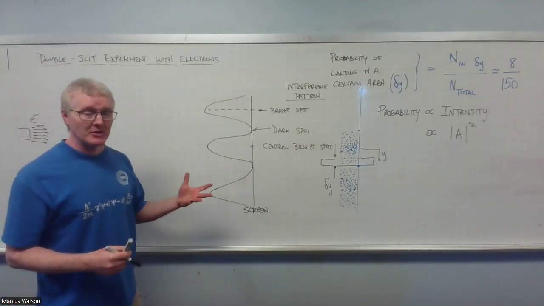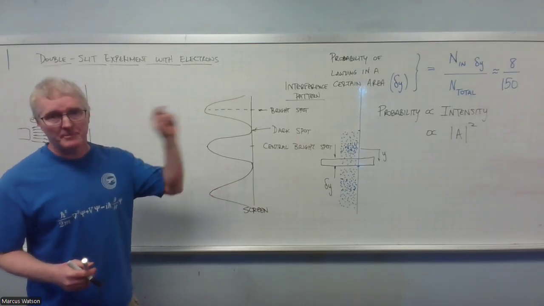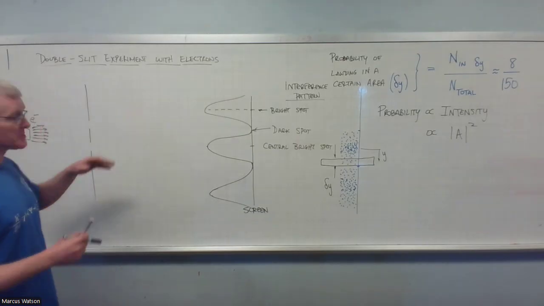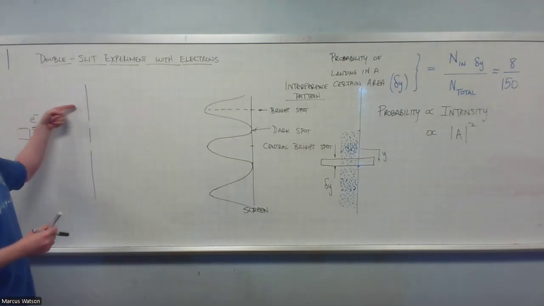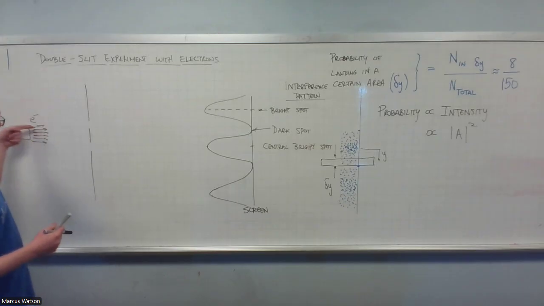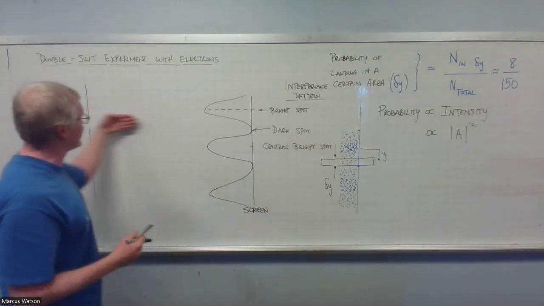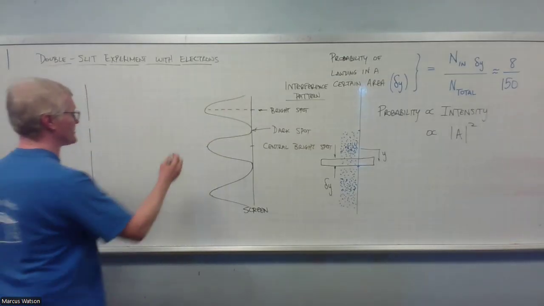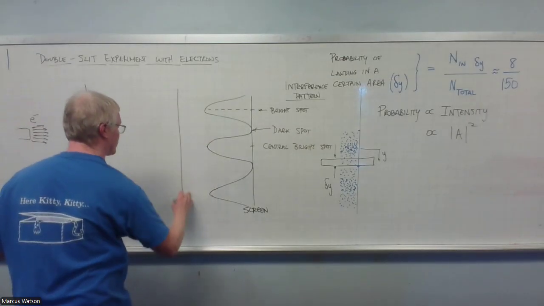If I consider the electrons to be just essentially bits flying through the two slits, right? Some of them will hit up here and they won't go through. Some will hit right in the middle, they won't go through. Some of them will pass straight through the slit and come straight through and make a peak right here. Let me actually just draw another screen here.